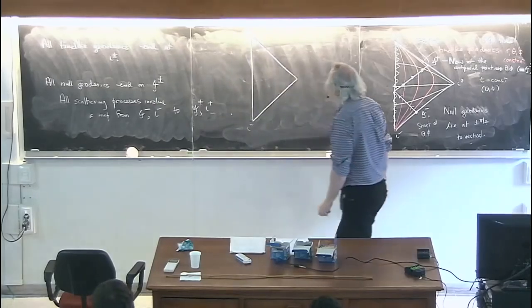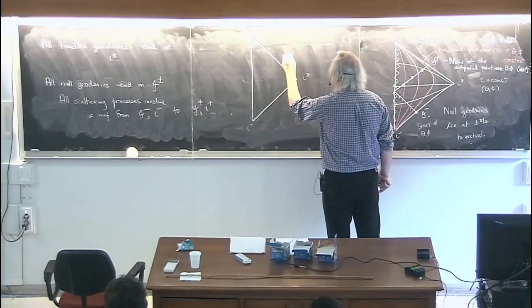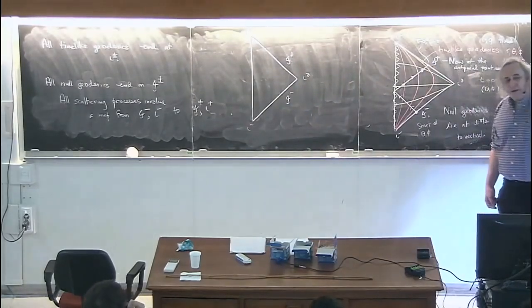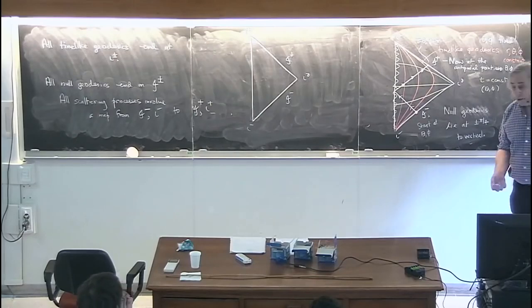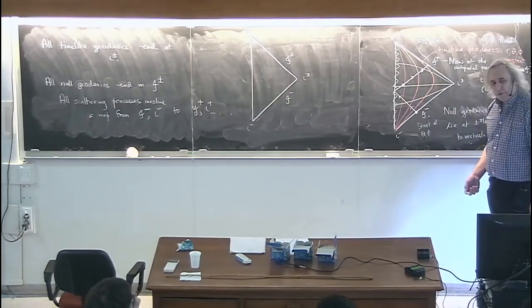So let's consider what happens to a time-like object that suddenly starts to accelerate at a constant rate. So let's suppose that at t equals 0 it starts to accelerate.